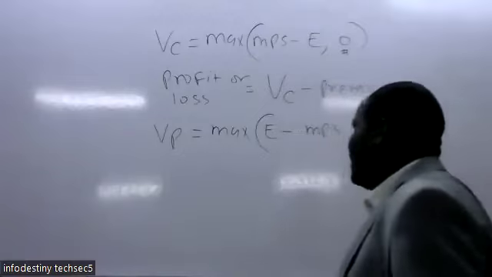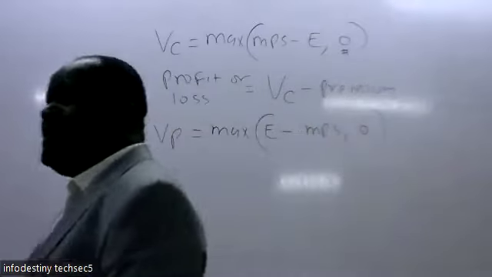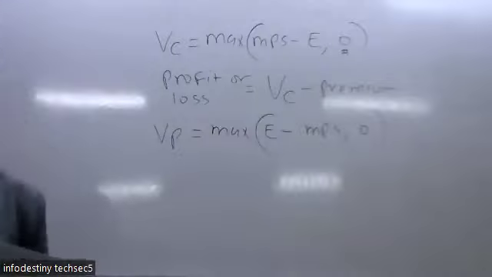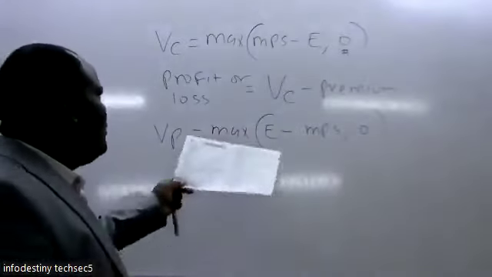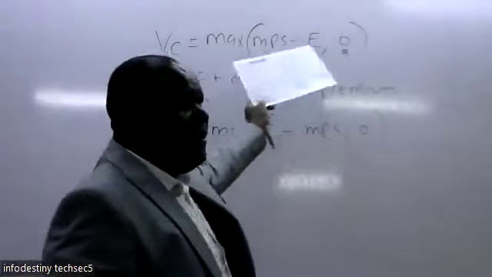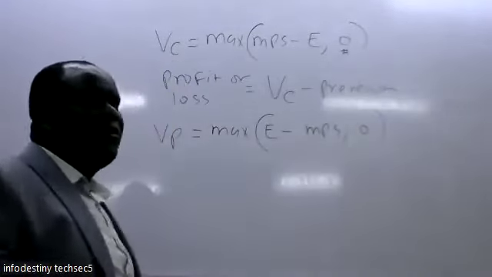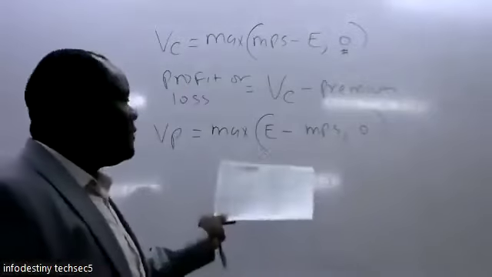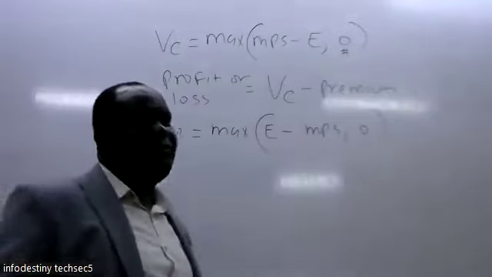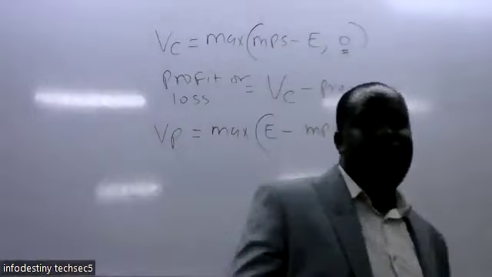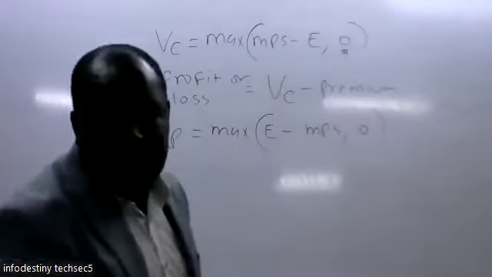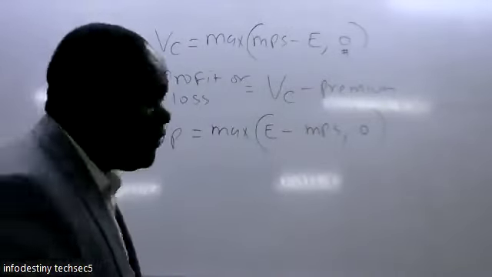If it is a negative, you make it 0. So for the call option, we started with the market price minus the exercise price. But for the put option, because it is from the seller, you start with the exercise price, you minus the market price.